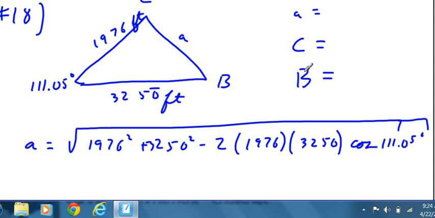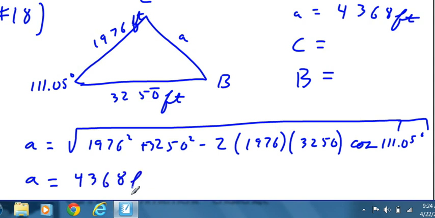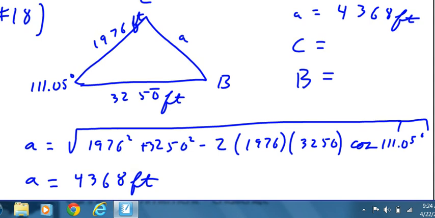Close parentheses again, and I get that my A is 4368 feet. An answer only a surveyor would like, right? An electronics kid would be more than happy with 4,400. But I have 4 significant digits, so that's what I need to write.